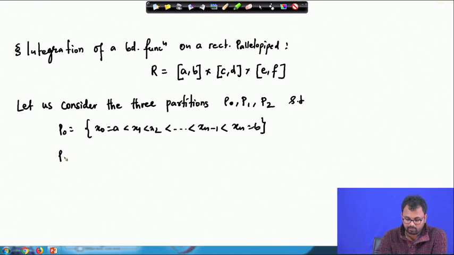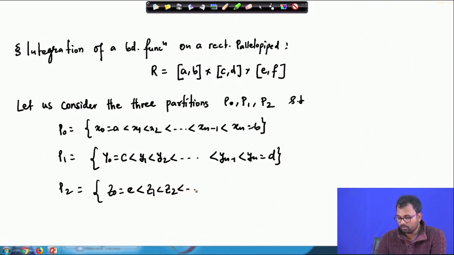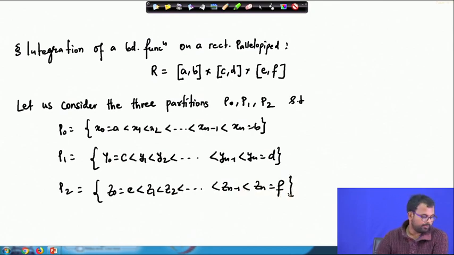Similarly, we can write P1 equals y0 equals c less than y1 less than y2 up to less than yn minus 1 less than yn equals d. And similarly, P2 equals z0 equals e less than z1 less than z2 up to less than zn minus 1 less than zn equals f.